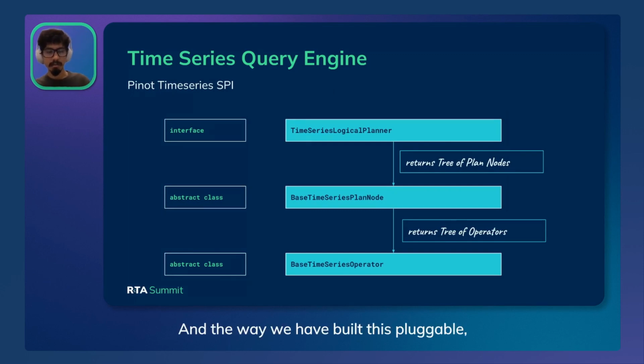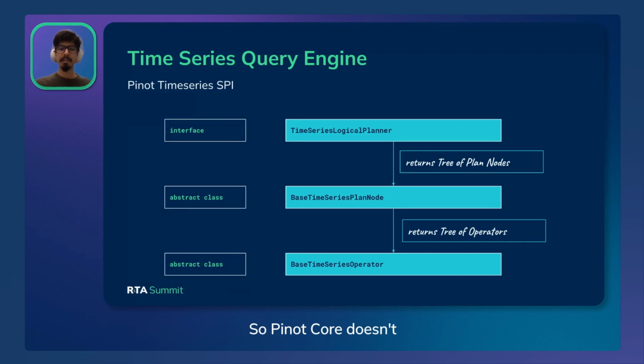And the way we have built this pluggable query language framework, I'll take one slide to go over this, is by making the planner and the plan nodes and the operators themselves abstract. So Pinot core doesn't really know about M3 operators. It only knows about the base time series operator. That way I can implement my own time series operators without having to worry about what Pinot wants or what dependencies Pinot wants.